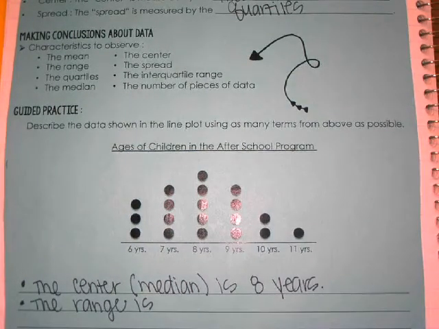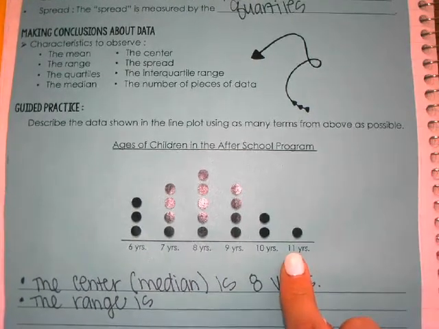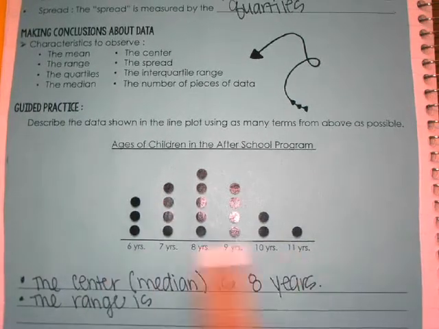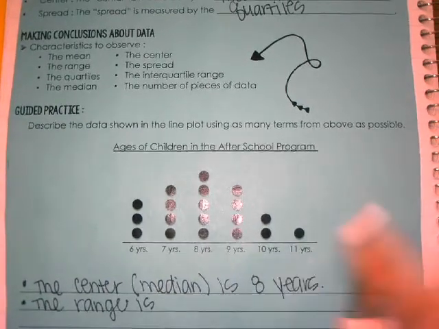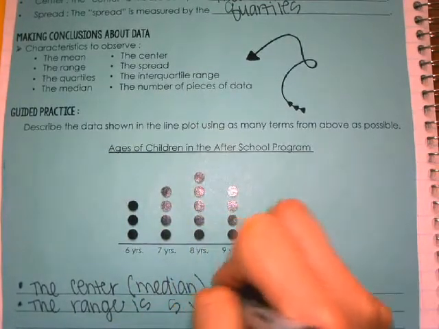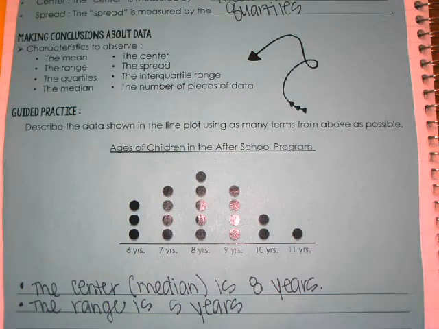The range is 5, because the oldest student we have is 11 and the youngest student we have is 6, so it's 11 minus 6. So the range is 5 years. Does that make sense, guys? Okay, there's 2 pieces of data.